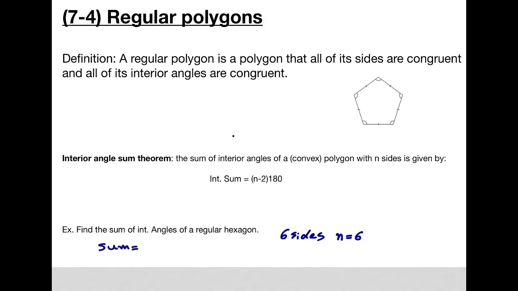Sum equals n minus 2 times 180. Now replace n by 6. 6 minus 2 times 180. 6 minus 2 is 4. 4 times 180 is equal to 720. So if you add up all the interior angles of a regular hexagon, the answer is 720.